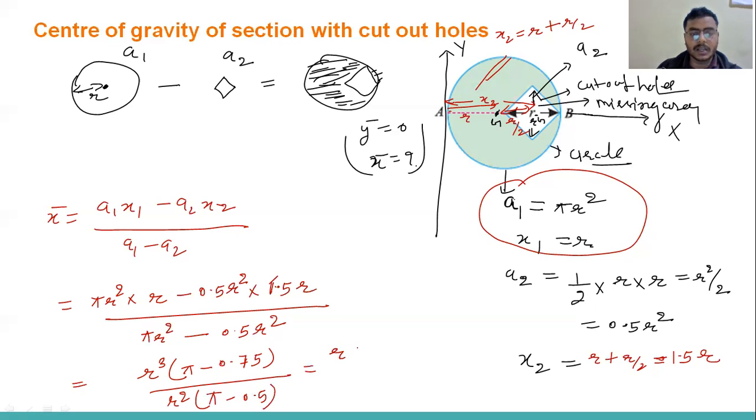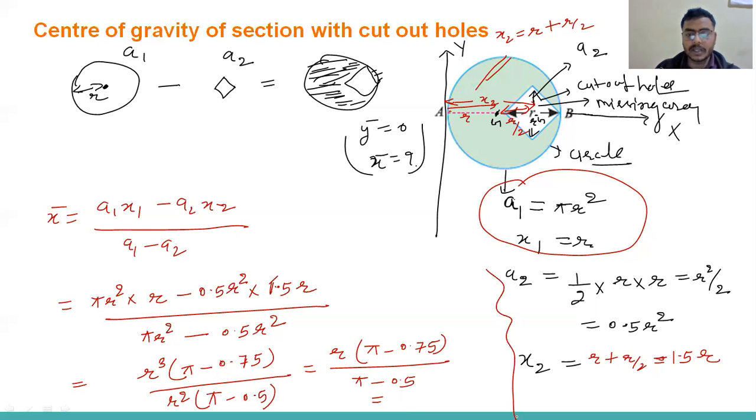So finally it will come R into pi minus 0.75 divided by pi. I have already solved this, so I'm writing directly. By solving you can get 0.905 R.